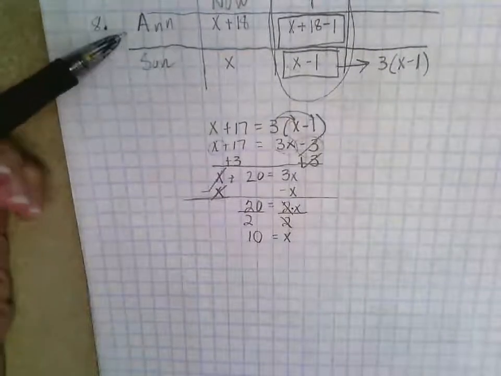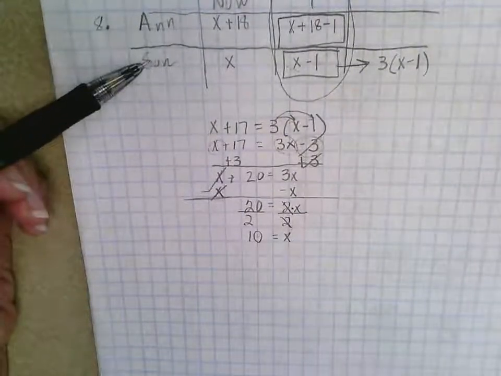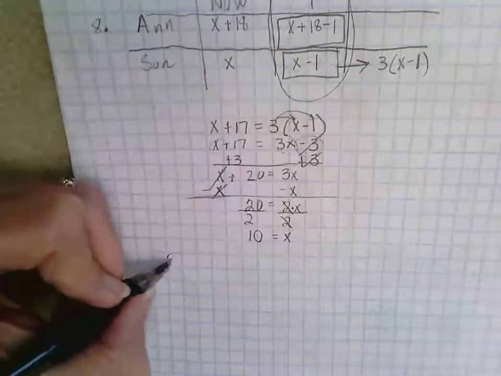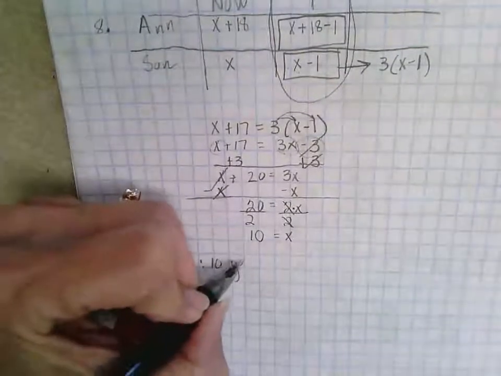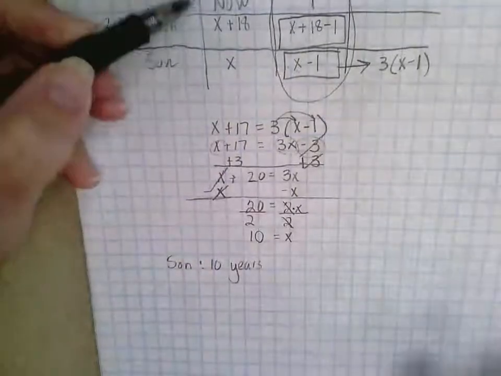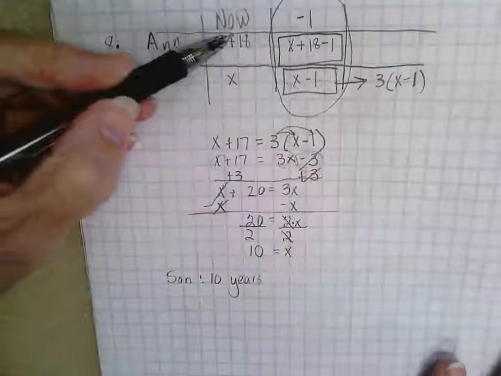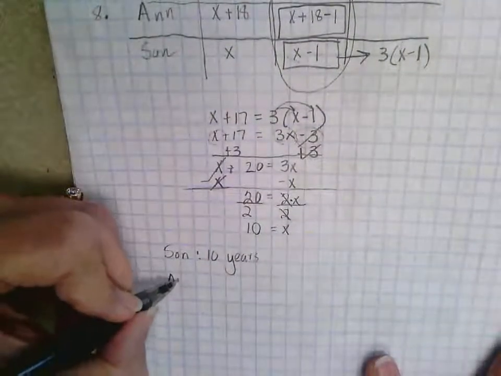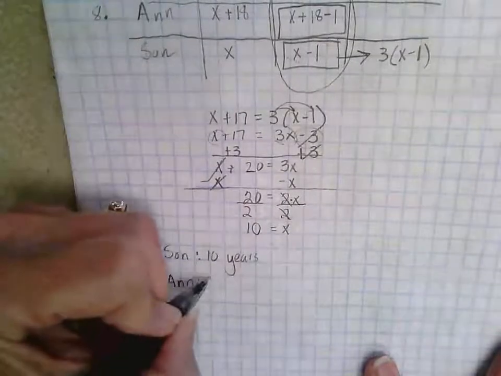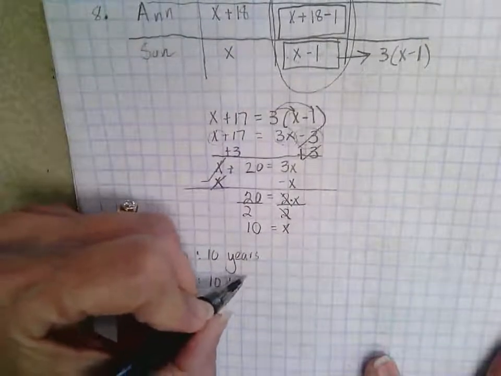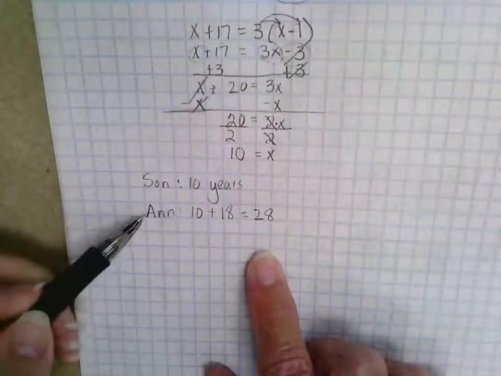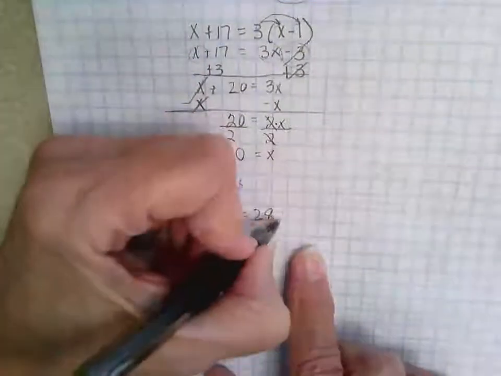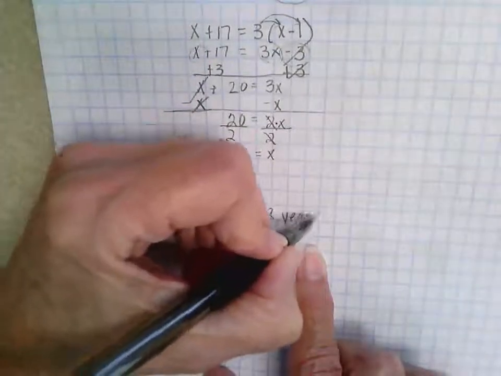So when I look back up in my problem, the son was 10 years old, if I'm correct, and Anne should be the son's age plus 18. So that's 10 plus 18, and that would equal 28. So if my answers are correct, these are their ages that they are now.